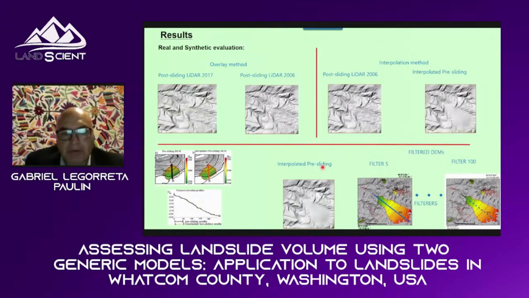The result of this project is split in 3 sections. In the first section, we estimate the landslide volume by using the overlay method and by using the 2017 and 2006 LiDAR images. In the second section, we address the potential landslide distribution over long time periods by using the 2006 LiDAR and an interpolated digital elevation model.